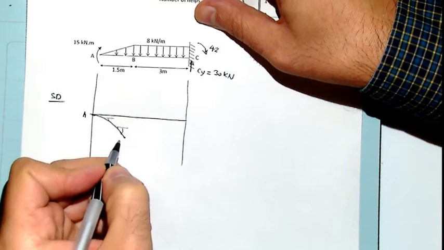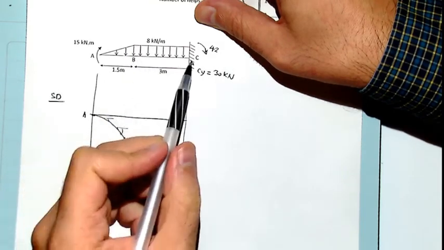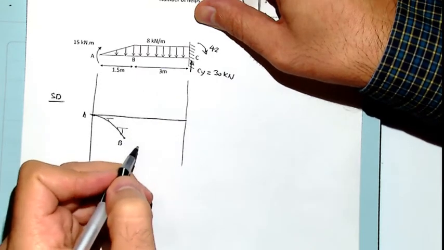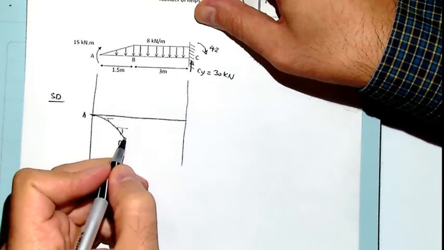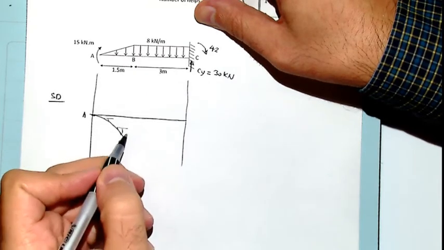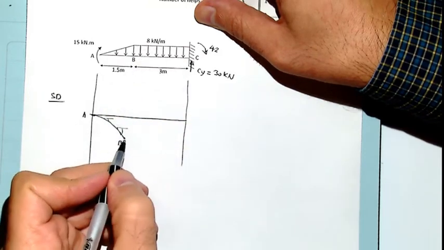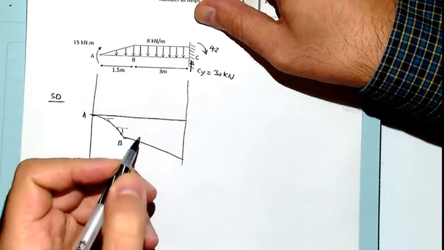Now I'm gonna reach point B, and from B to C, we have downward again, so we have to go down. A straight line would be changed to order 2. Sorry, a straight line would be changed to linear. So from B to C would be something like this.